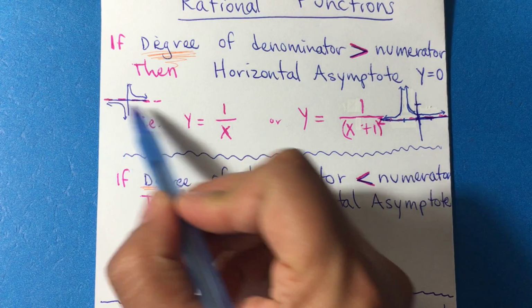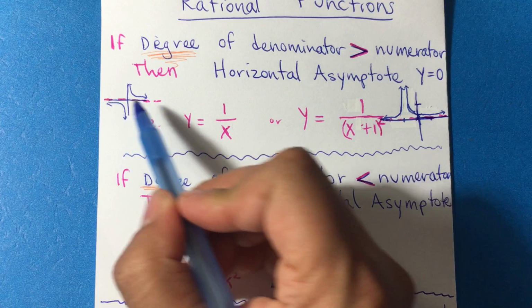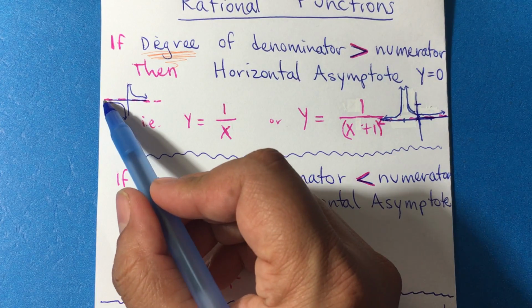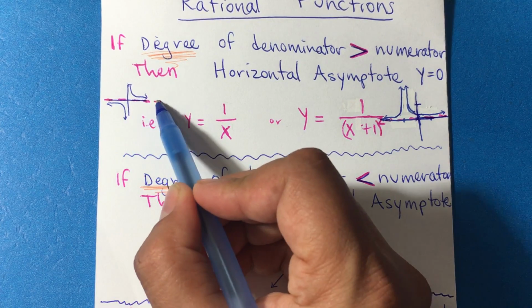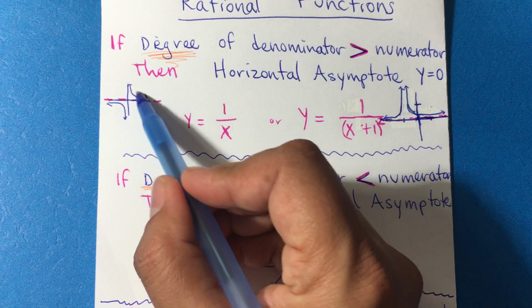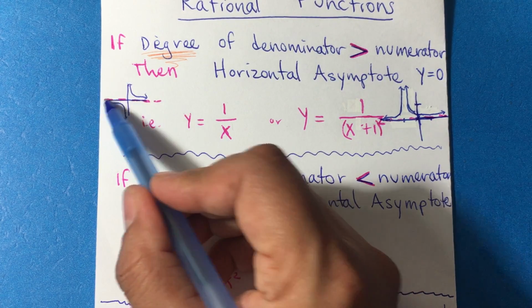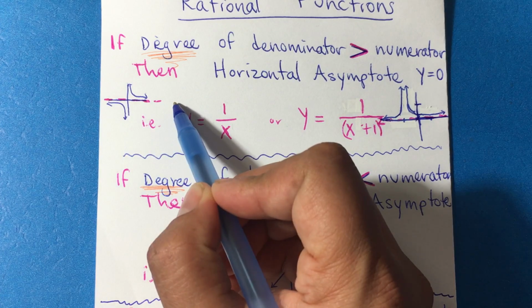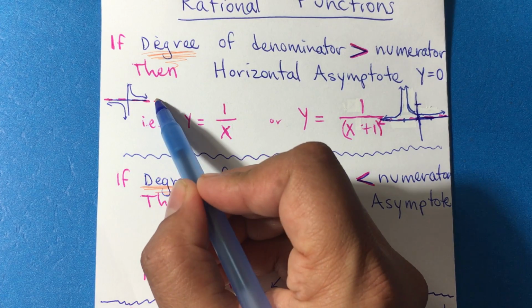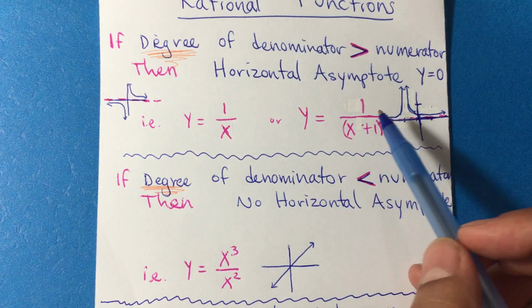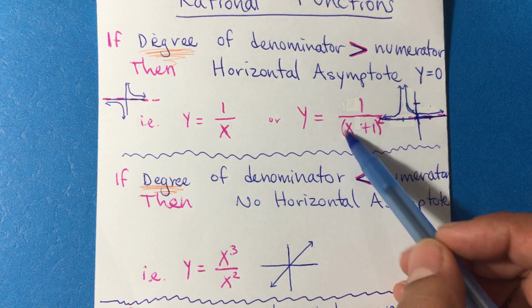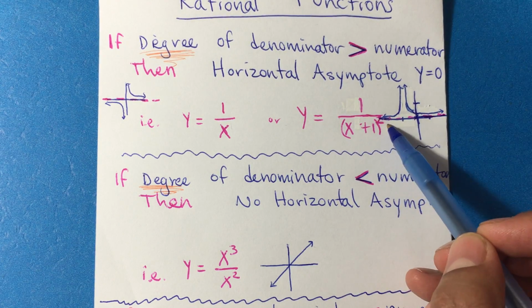So for this one, I graphed it, and we'll go into detail of how to do that later, but here, this is the asymptote. It means my graph will not cross that line. It approaches it, but it will not touch it. This is another example, 1 over (x plus 1) to the second power.